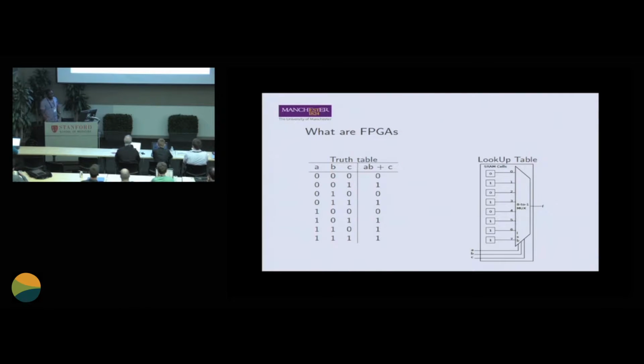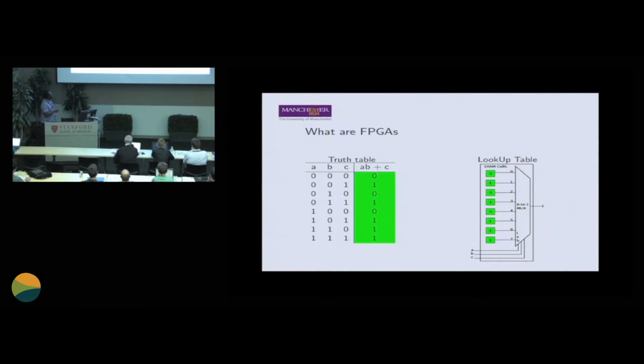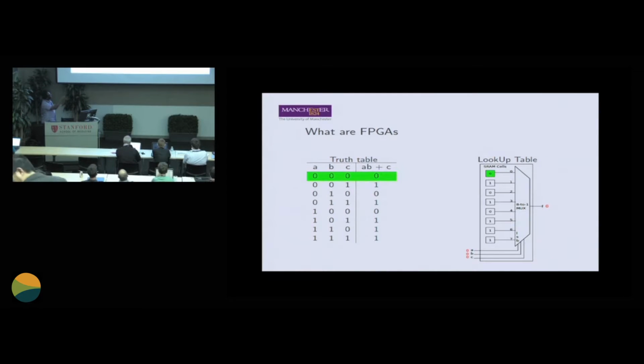So what is an FPGA? An FPGA is basically a sea of lookup tables. A lookup table is basically high-speed memory. If you have a truth table that looks like this, what you need to do is load the outputs of your truth table into the appropriate memory locations, in such a way that if you give the inputs of the truth table as addresses of the memory, you get the appropriate output.